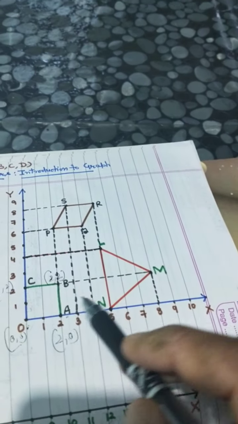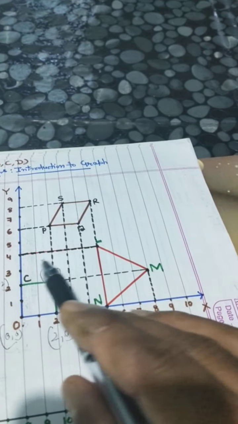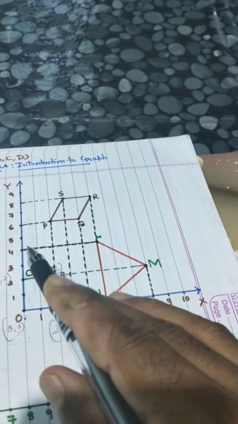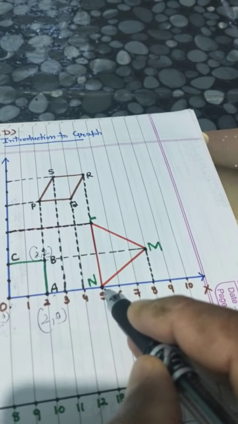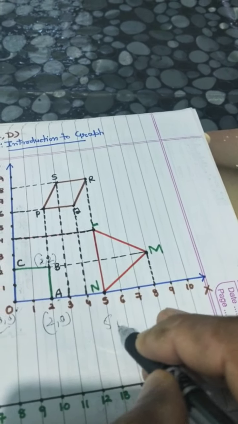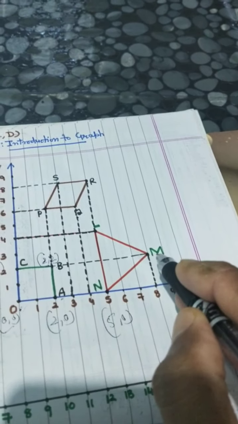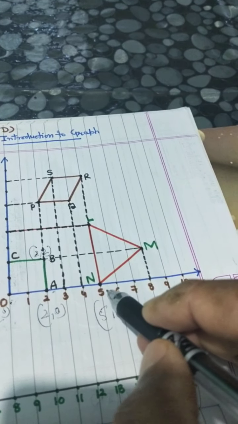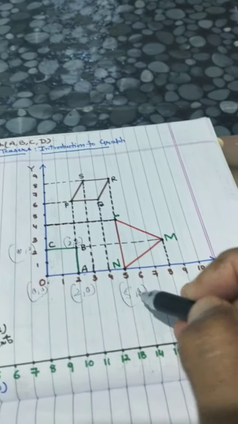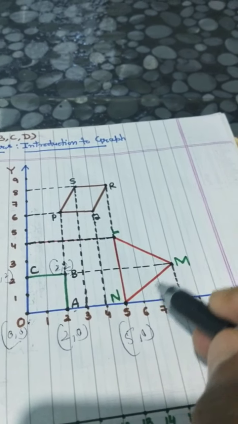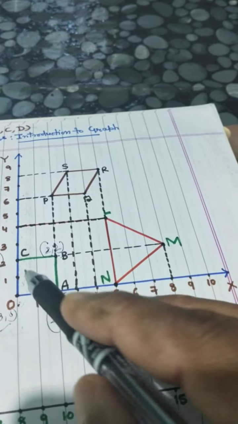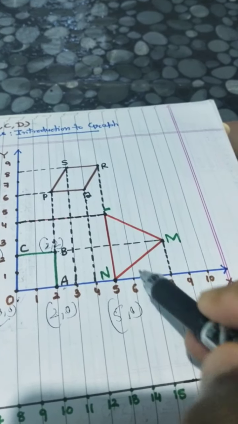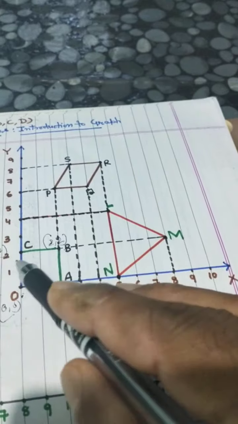Second, I join this with the help of a scale. Look here: 1, 2, 3, 4, 5. What are the coordinates of N? (5, 0). What are the coordinates of M? The x coordinate is from here to here, which is 8, and the y coordinate is 2.